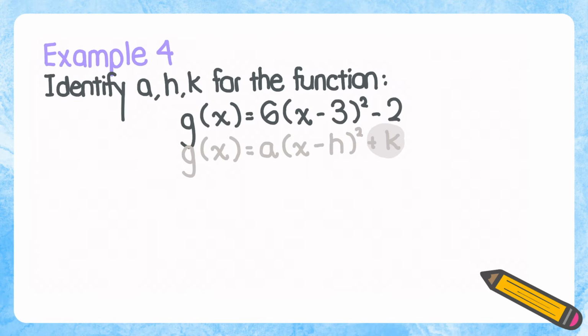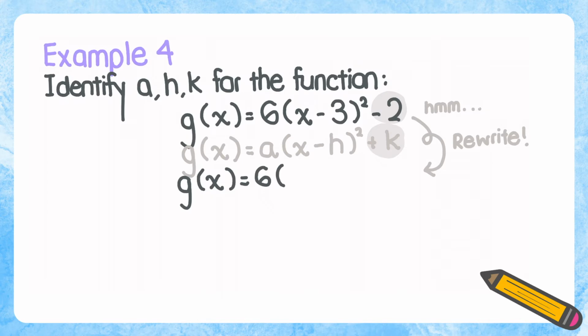Notice here, we don't have an exact match. For our general form, it's plus k, but in our function, it's minus 2. So let's rewrite this so that it's an exact match. So rewriting it, I'll have g of x equals 6 times x minus 3 quantity squared plus -2.